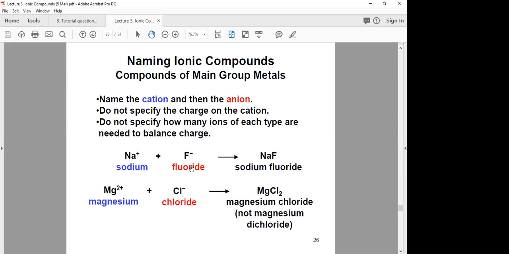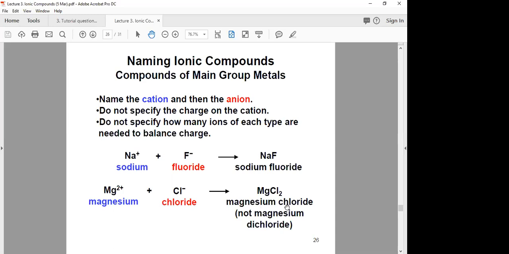Sodium 1+ and fluoride 1-. One of each is needed in the compound, and that's simply named sodium fluoride. Next example, magnesium with a 2+ and a chloride with a single negative charge. So you can see what's coming. We need 2 of these for every 1 magnesium cation. So here's the final compound, 1 magnesium and 2 chloride anions. But we simply refer to that compound as magnesium chloride.